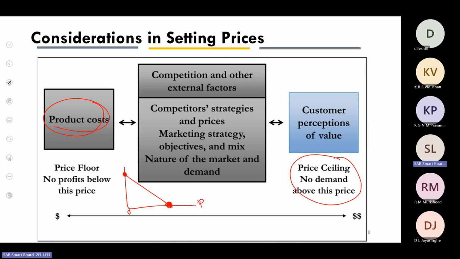And in between, we have to consider competition and external factors like competitor strategies and prices, our marketing strategy, our objectives, and the nature of the market and demand.